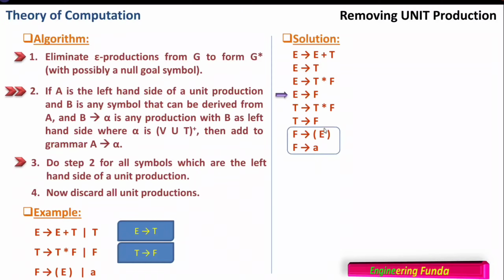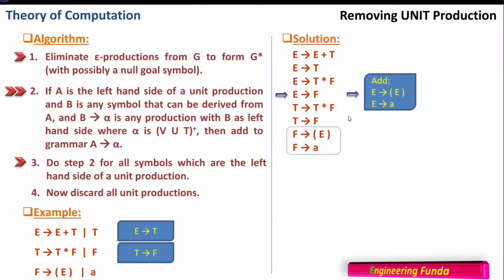Here are these 2 productions which have F on the left hand side. As per step number 2, we have to add this alpha, which is bracketed E, and this A to the new productions.